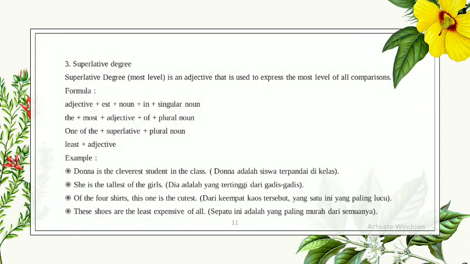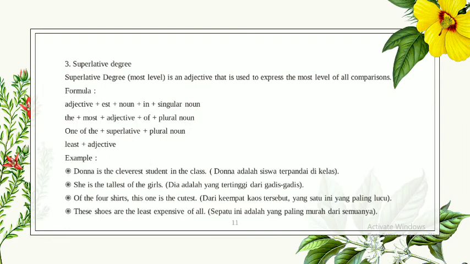The last is superlative degree. Superlative degree, or most level, is an adjective that is used to express the most level of all comparison. You can use this formula. First is the plus adjective plus est plus noun plus in plus singular noun. The second is the plus most plus adjective plus of plus plural noun.